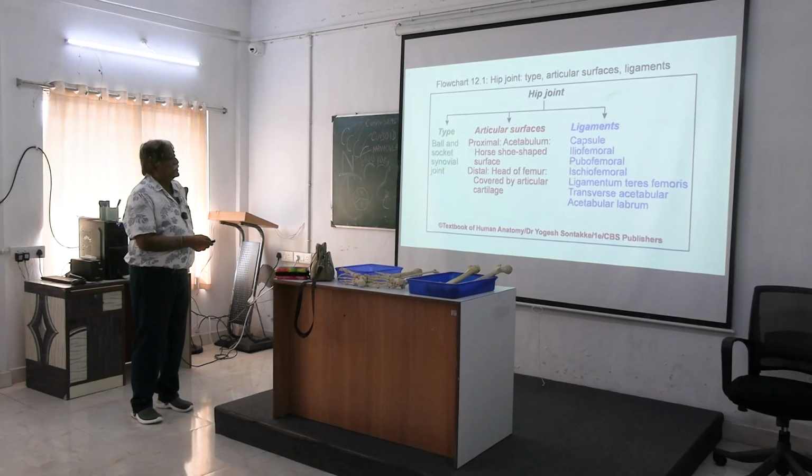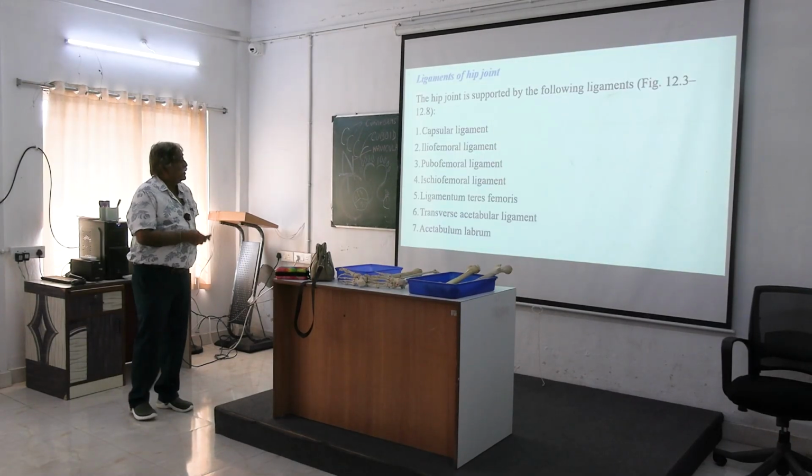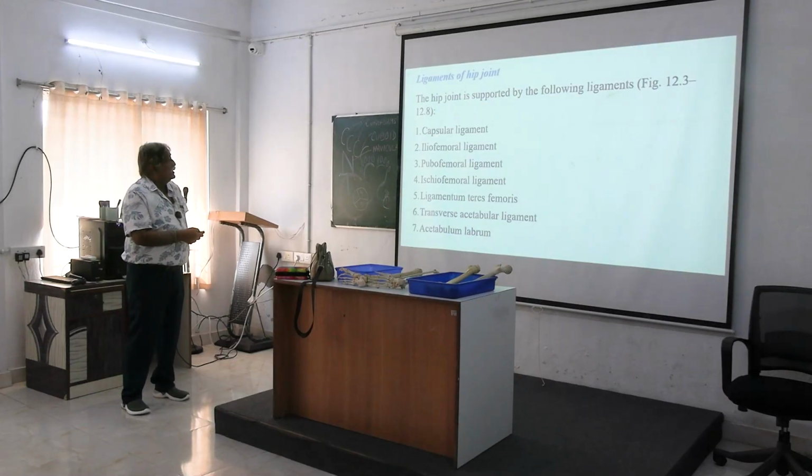Ligaments, this is important: capsule, iliofemoral, pubofemoral, ischiofemoral, ligamentum teres femoris, transverse acetabular ligament and acetabular labrum. Again, it's a repetition: capsular ligament, iliofemoral ligament, pubofemoral ligament, ischiofemoral ligament, ligamentum teres femoris, transverse acetabular ligament and acetabular labrum.